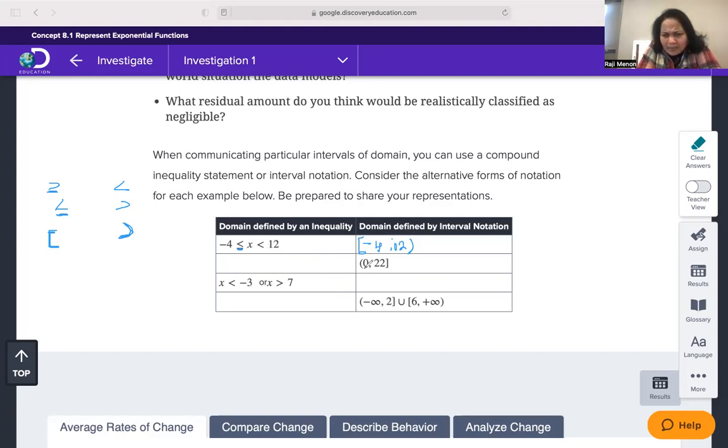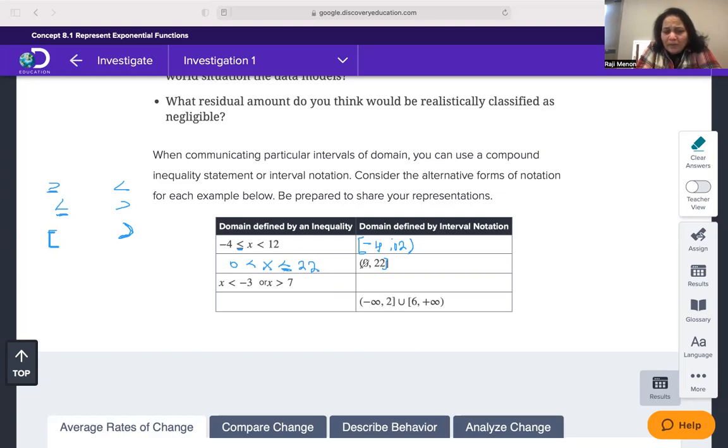So how do you write this down? You start with 0. 0 is just the x value. The domain is in between 0, but since there is a bracket there, you have to put less than or equal to 22. So this means the domain value is in between 0 and 22, and 22 is also included.